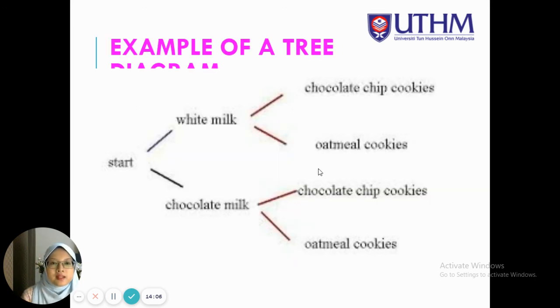So for example, like this. Here you can put the main idea, what it is all about. You can see here it branches out to white milk and also chocolate milk. Then here chocolate chip cookies and oatmeal cookies, the products.